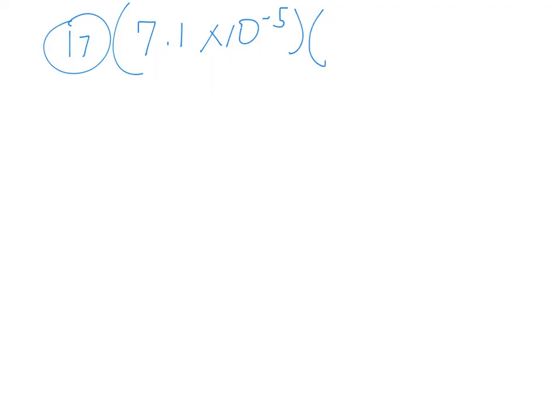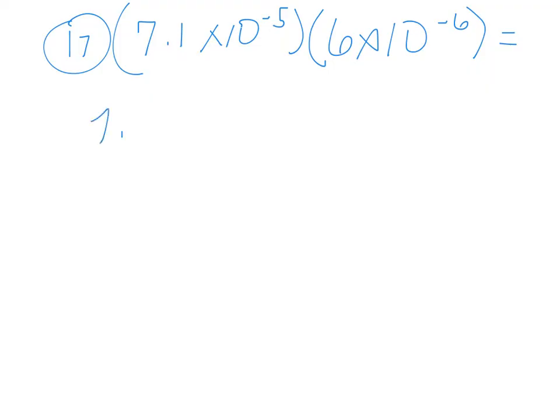All right, going on to number 17. One more practice with multiplying. 7.1 times 10 to the negative 5 times 6 times 10 to the negative 6.